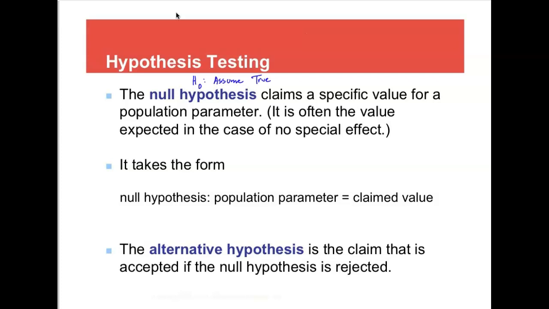And then we have the alternative hypothesis, which we'll abbreviate as H subscript A. This is what you're looking for evidence of.